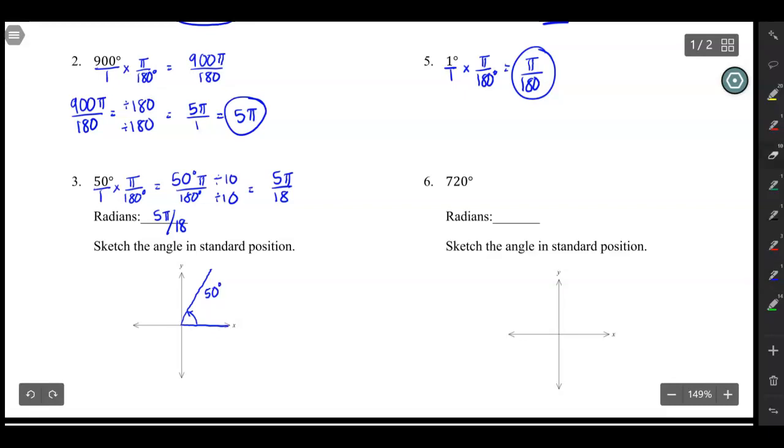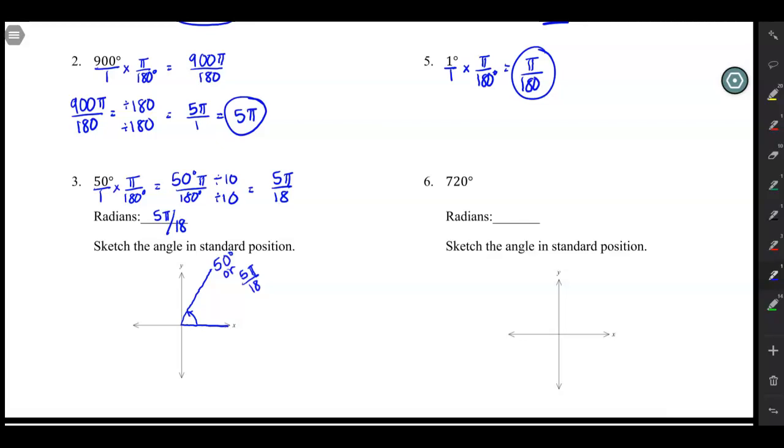And usually we put that angle measure up here at the end of the terminal side. So it's 50 degrees. You could also say it's 5 pi over 18 radians. So graphing both of those would give you that same angle.